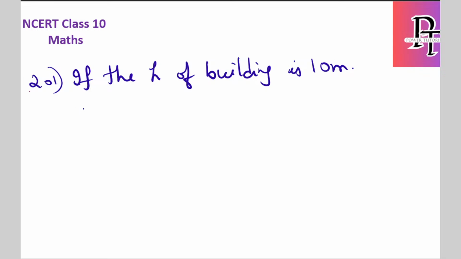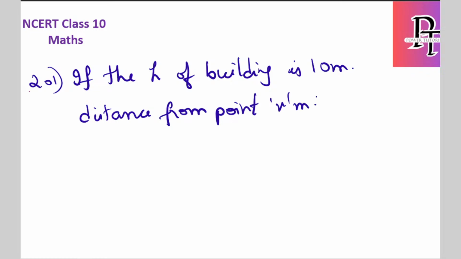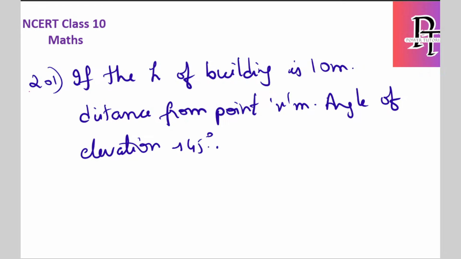So the distance they have provided is x meters. If the angle of elevation to the top of the building is 45, so here they mentioned the angle of elevation is 45. So simply they're saying that from bottom to top the angle of elevation is 45 degrees. What is the x value?